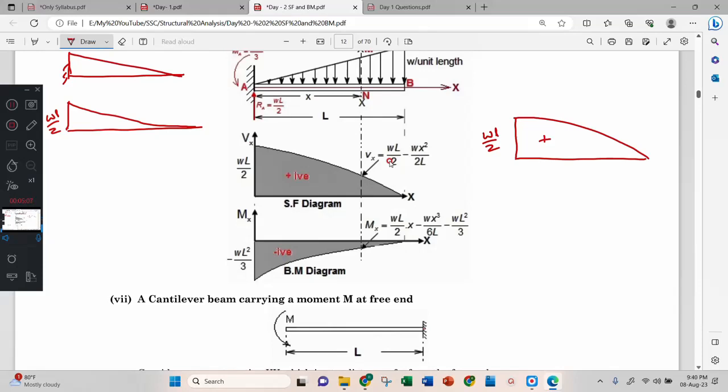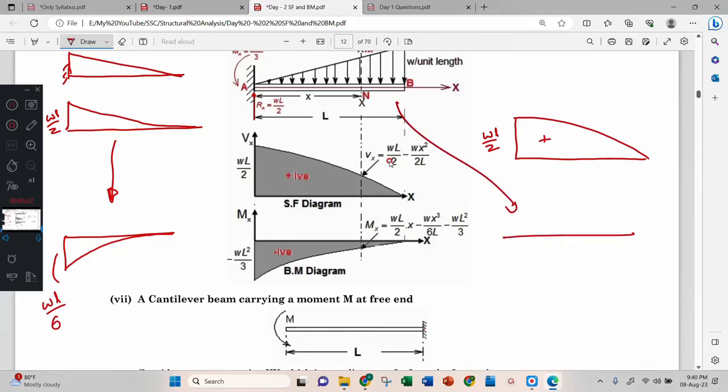Then this is same, here the bending moment diagram is like this one, correct? Here the value is WL square by 6, but here in this case WL square by 3. Which is bigger? WL square by 3 is bigger or WL square by 6 is bigger?